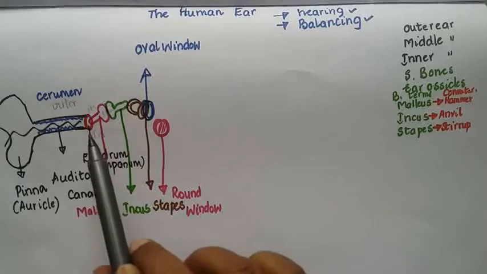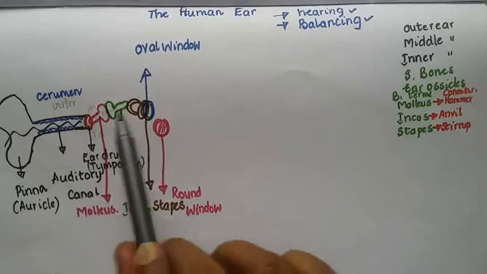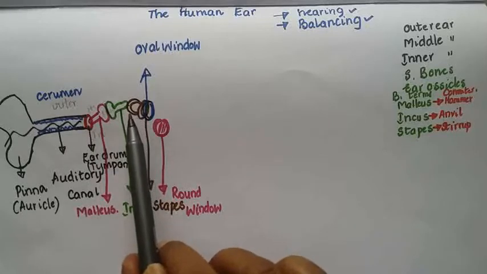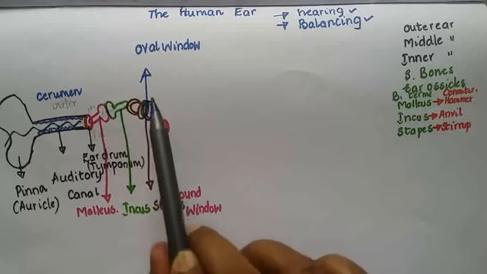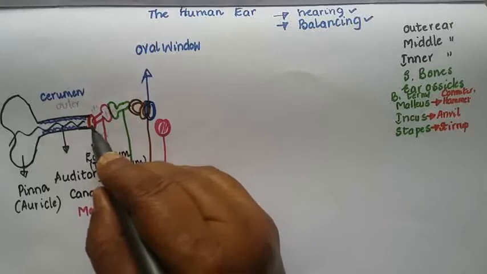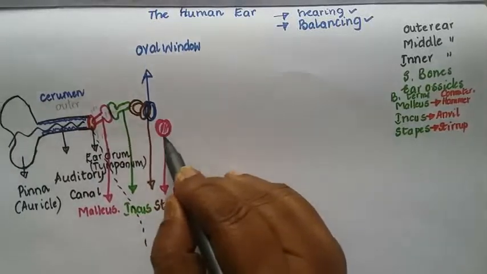Okay, now thus you can say that the middle ear comprises all these structures known as the 3 ear ossicles, followed by 2 windows known as the oval window and the round window. Along with these structures, we find one more structure.